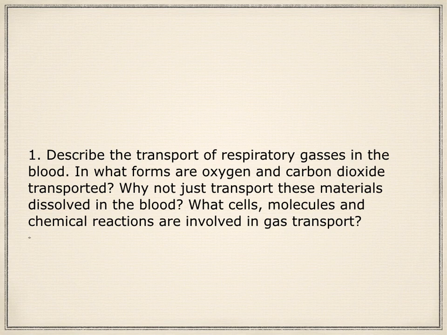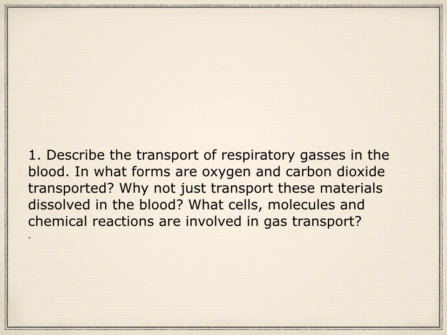Most carbon dioxide is transported as bicarbonate and hydrogen ions, something like 75%. Another 20% is transported bound to hemoglobin. That form is called carbaminohemoglobin. And then the rest is transported as dissolved carbon dioxide.